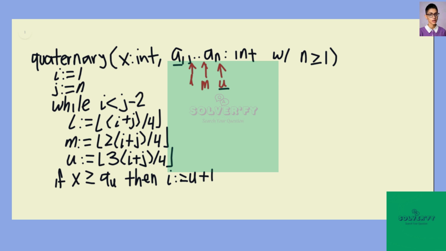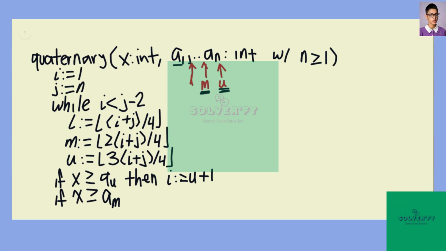Okay, and then the next one is going to be to compare it to a sub m. So if x is greater than or equal to a at the mth index, well, then we need to set i to the left side of this interval and j to the right side.